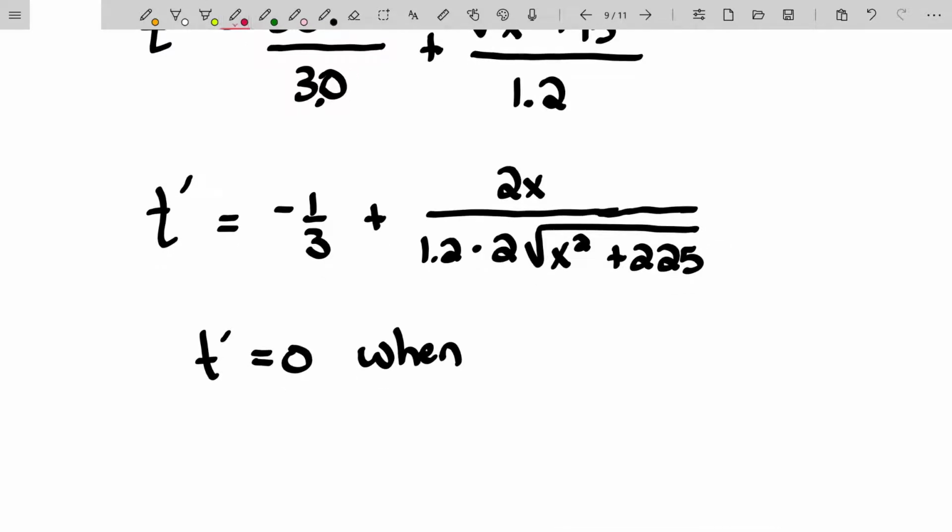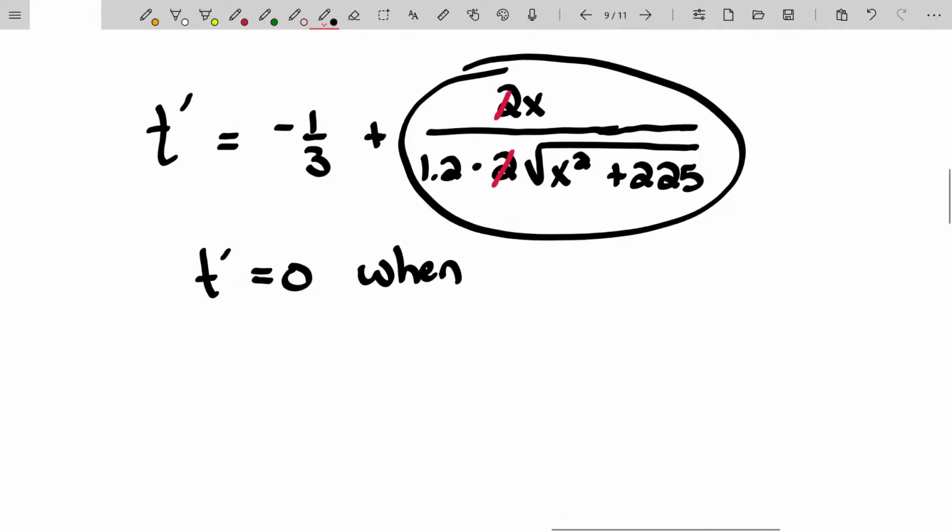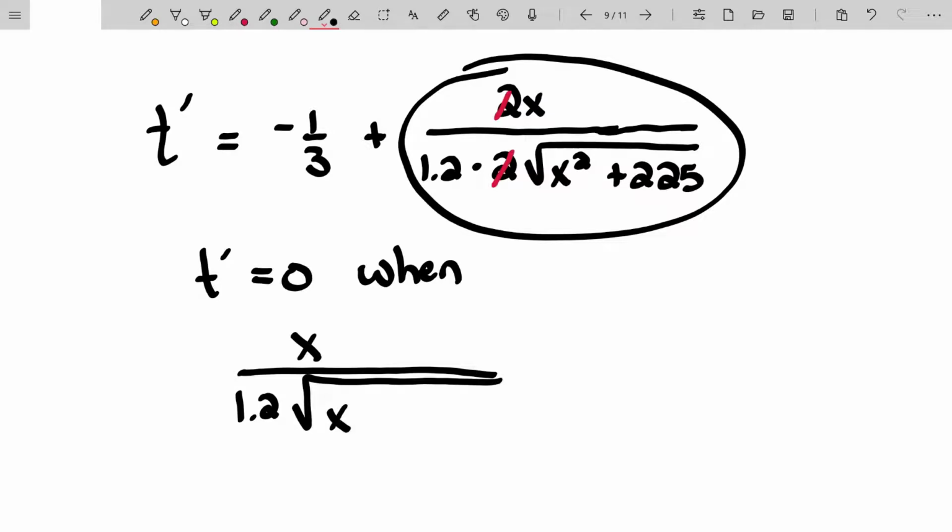first of all, the 2's will cancel beautifully, so I can at least do that. When this stuff right here is equal to 1/3. So when x over 1.2 times the square root of x squared plus 225 is equal to 1/3.